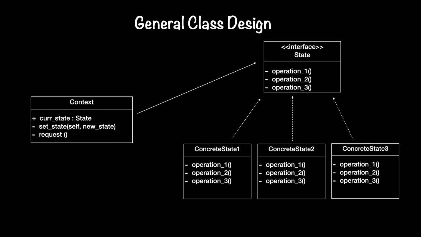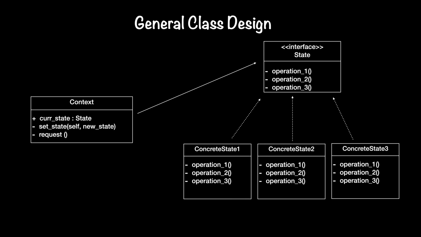If you look closely, the state at any particular time will be composed in the context. The current state variable in the context will hold the state of the system at any particular time. This might vary from time to time. Like if the signal color is red, then the current state will point to the red object, the red entity.